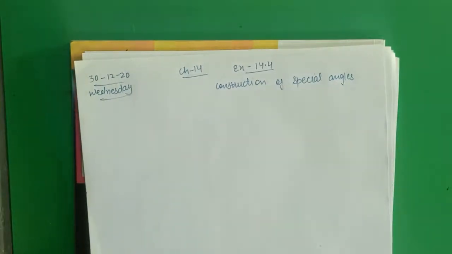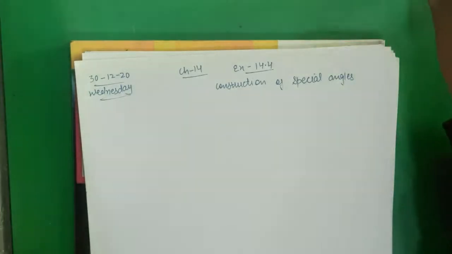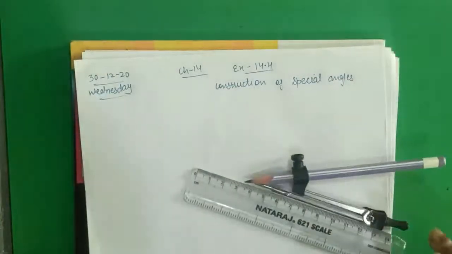In class 5th, you drew angles with the help of a protractor, but here you will learn how to draw the angle with the help of a scale and compass.